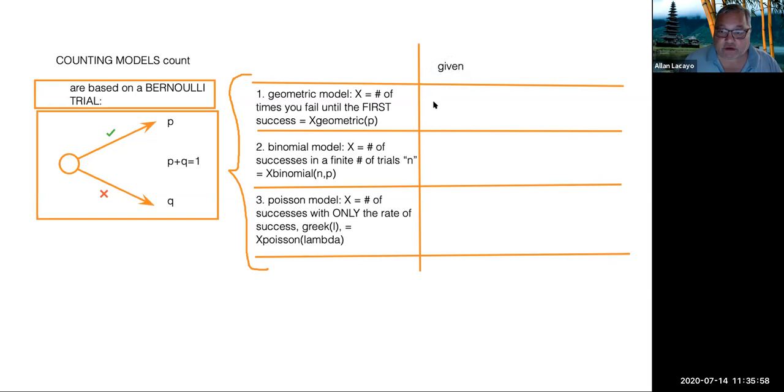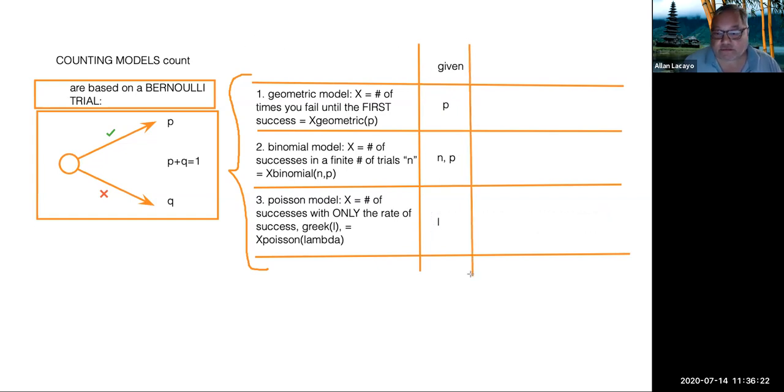What's given for a geometric model is the letter P, the probability of a success, and de facto you're going to know Q. N and P are the things that you know in a binomial setting, the number of tries and the probability of success per try. And then the letter lambda. So I'll just put the letter L as the only given.